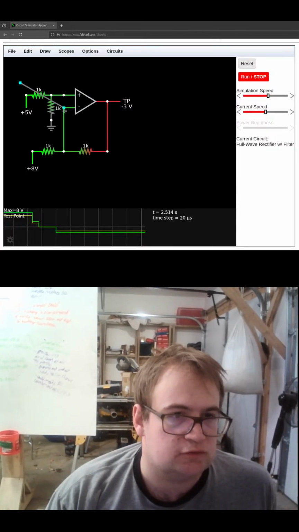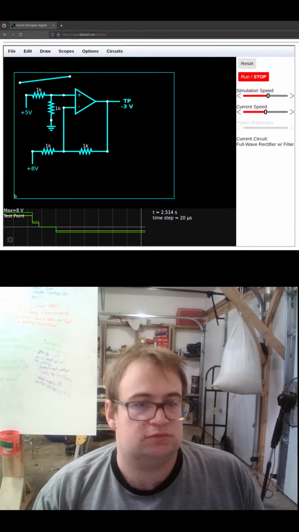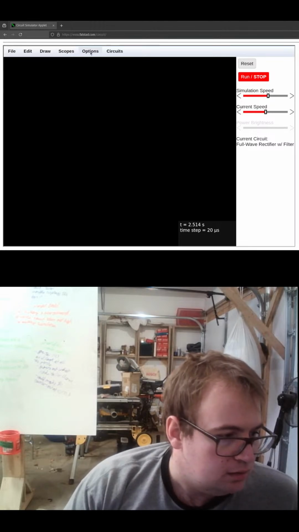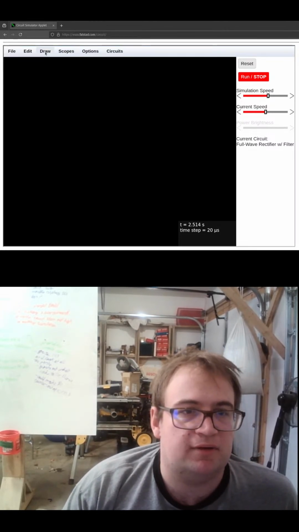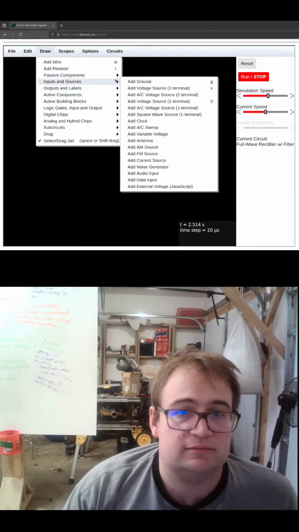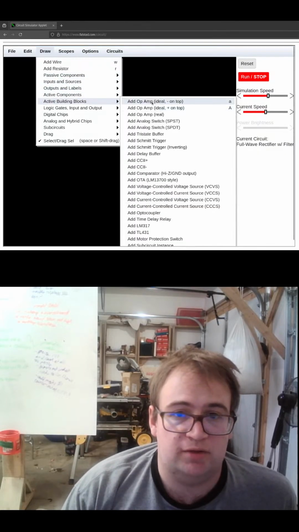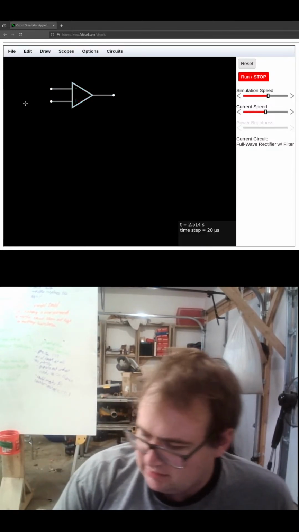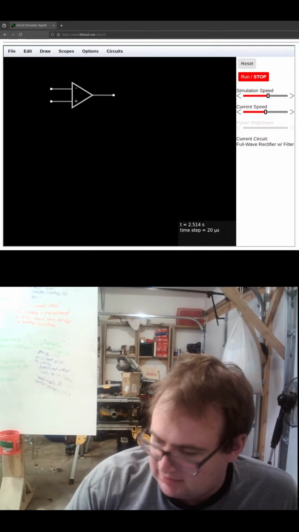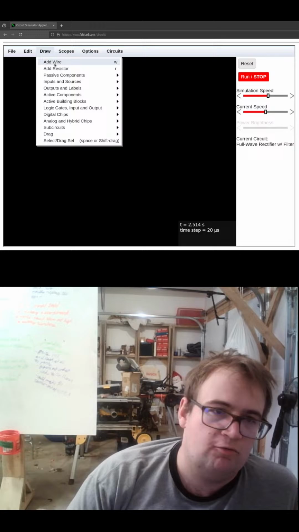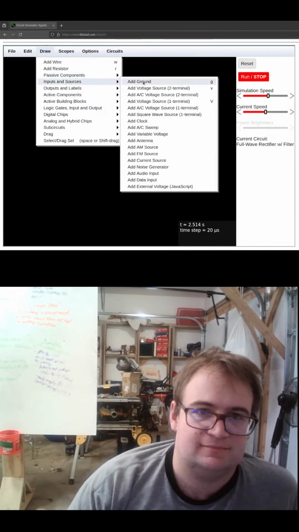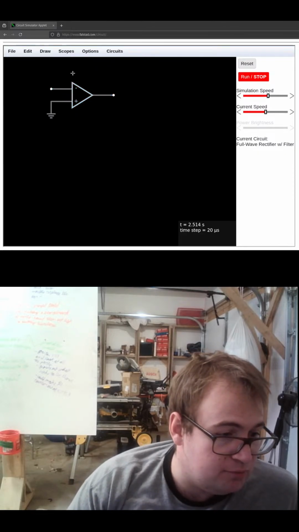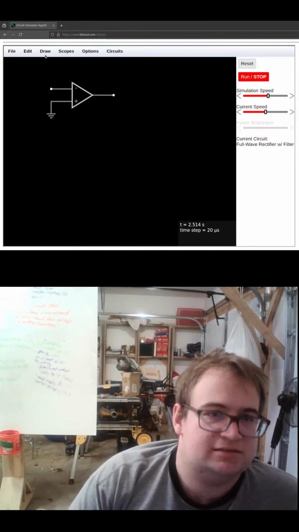Oops, wrong. There we go. So now a summation amplifier we would do, add active building blocks. This one has the minus on top. I actually forget exactly what a summation amplifier does, so hopefully I can analyze it here. Otherwise, we'll just simulate it. But either way, we will have fun, right?